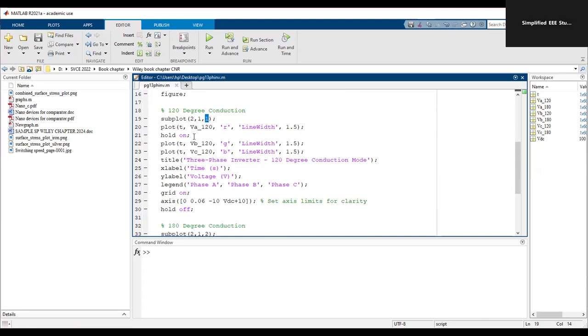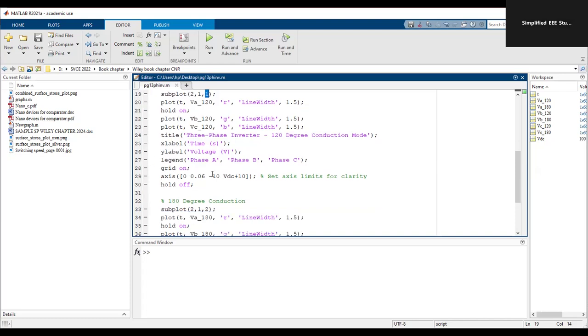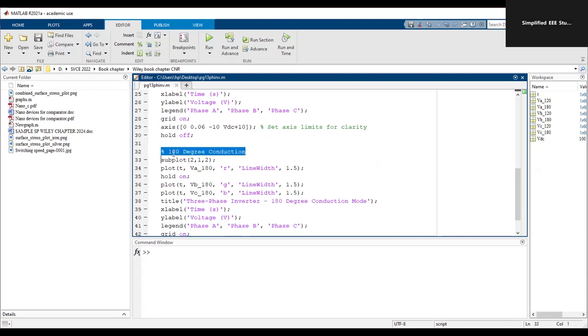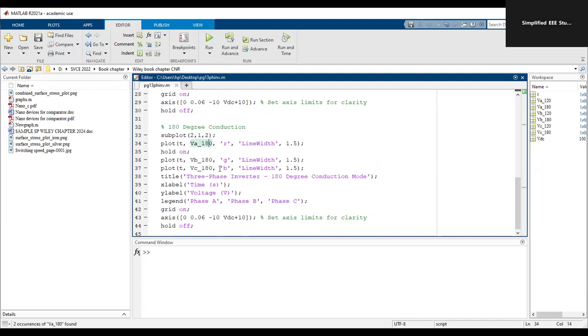Similarly, I'll be going for the other waveforms. Then ultimately I need to go for X labeling and Y labeling, title, all the things, and setting of axis properties. While talking about 120-degree conduction, I need to plot phase A, phase B, phase C, all the things.